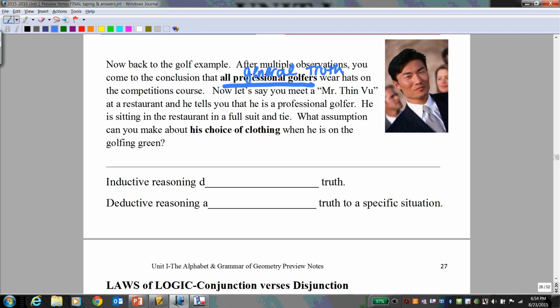Okay, now let's say you go out to dinner and you meet a Mr. Tin Vu at a restaurant. You have this conversation and he tells you he's a professional golfer. Now, at the moment, he's sitting in the restaurant in a full suit and a tie. But you know there's a general truth that professional golfers wear caps when they are on the golfing green. So what general conclusion can you make about his choice of clothing when he's on the golfing green?